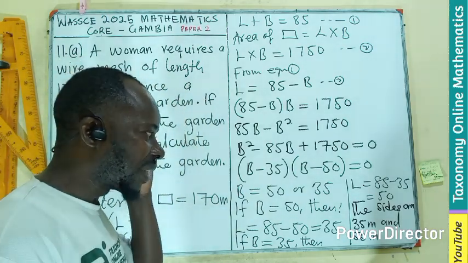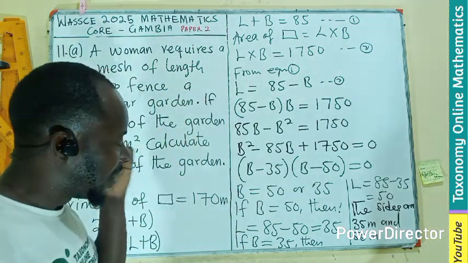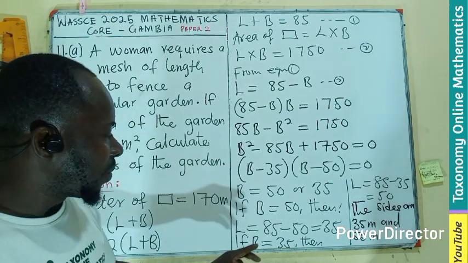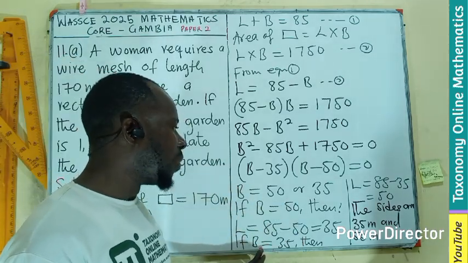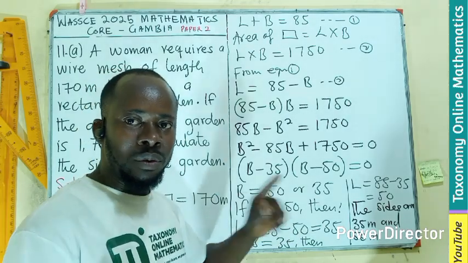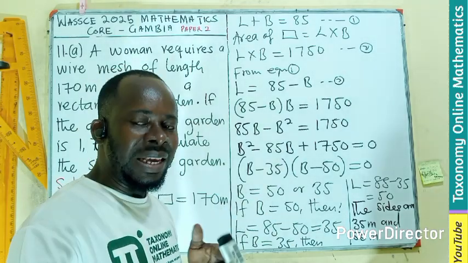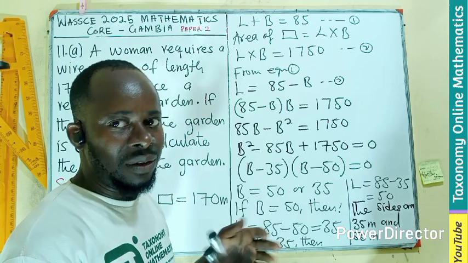Okay, let's conclude very well. We are dealing with a rectangle. If the breadth is 50, the length will be 35, which turns the other way around. You know the length is always longer than the breadth.